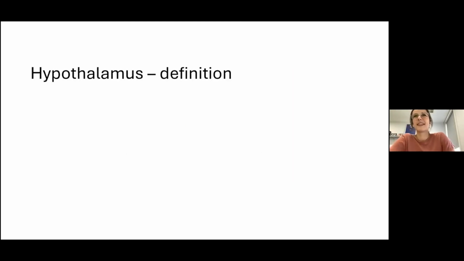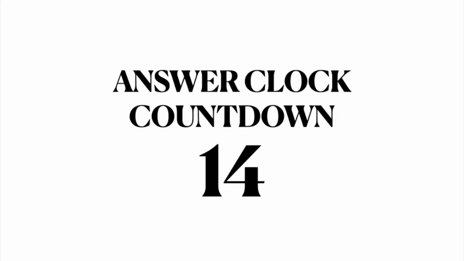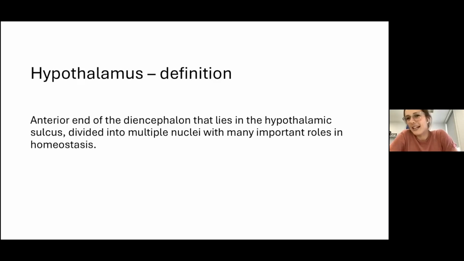So who can tell me the definition of the hypothalamus? You could say, I've got a bit of an anatomical and also a functional definition here in the same one.